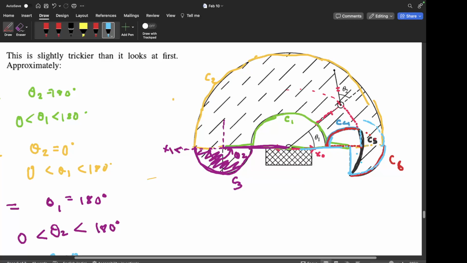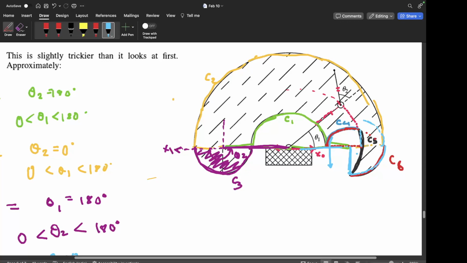Now how do we get C5? So let's think about that, because link 1 can't go below this, right? Because link 1 is limited at 0. So link 1 is here. Now what will happen is that, imagine link 2 is at its limit, right?